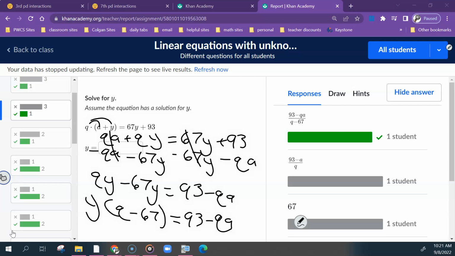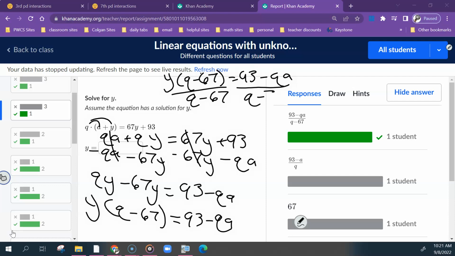I'm going to rewrite this up here. So that those would cancel. And then we get, there are different variations of this answer, but I think this one matches it exactly: 93 minus qa over q minus 67 would equal your y.